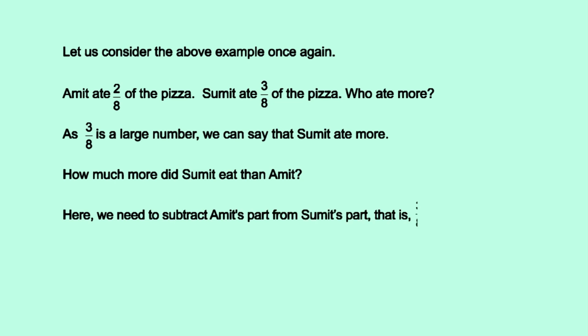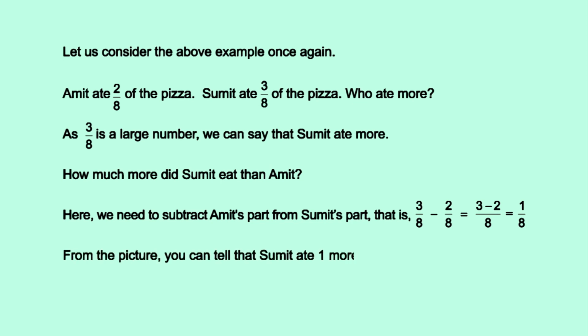Here, we need to subtract Amit's part from Sumit's part. That is, 3 by 8 minus 2 by 8 is equal to 3 minus 2 by 8 is equal to 1 by 8. From the picture, you can tell that Sumit ate 1 more piece than Amit ate of the 8 pieces of the pizza.